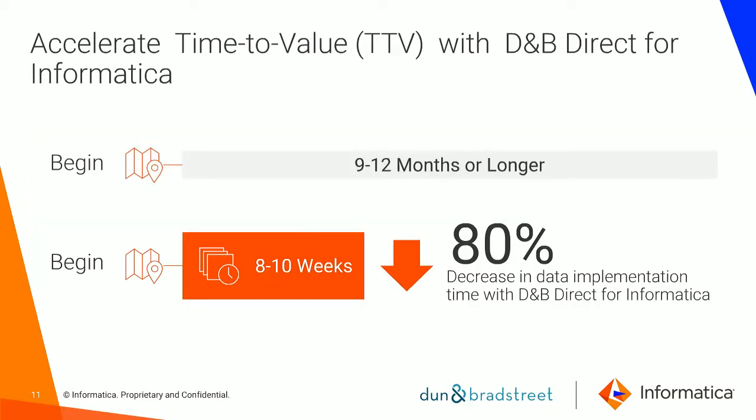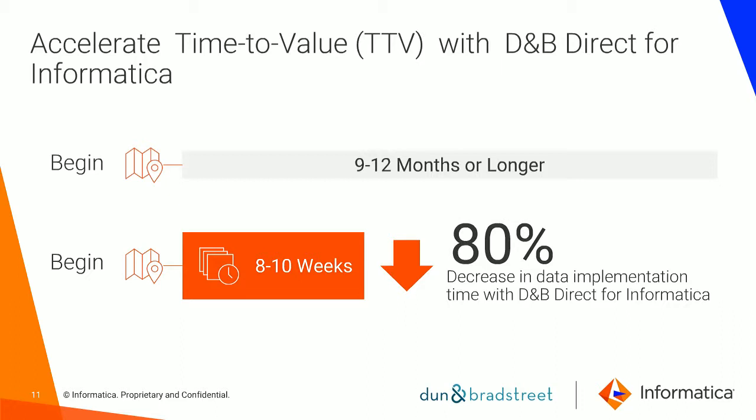So what do we see there? From the set of customers who are already using D&B Direct and Informatica, we see that a standard project might be 9 to 12 months. That's someone who comes to Dun & Bradstreet, licenses content through our API, and builds their own integration into Informatica MDM or into C360.